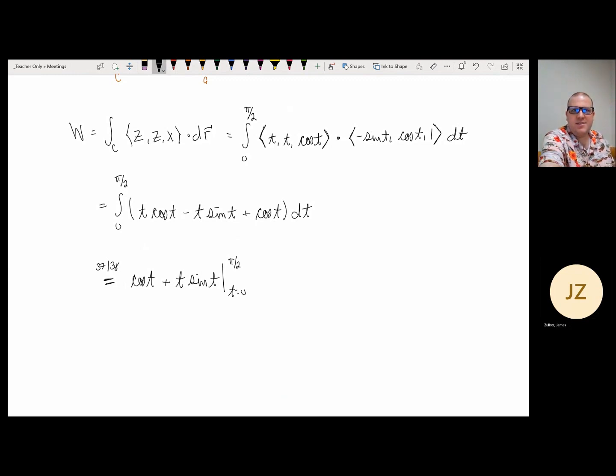So that's for t cosine t. That would be negative t sine of t. And then obviously the integral of cosine t is just sine t.